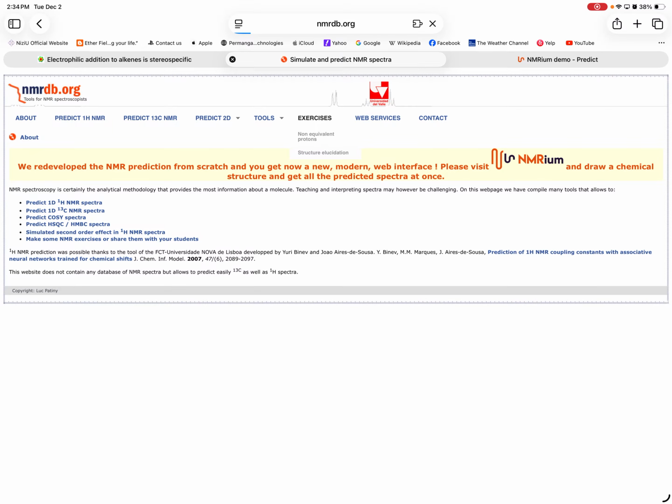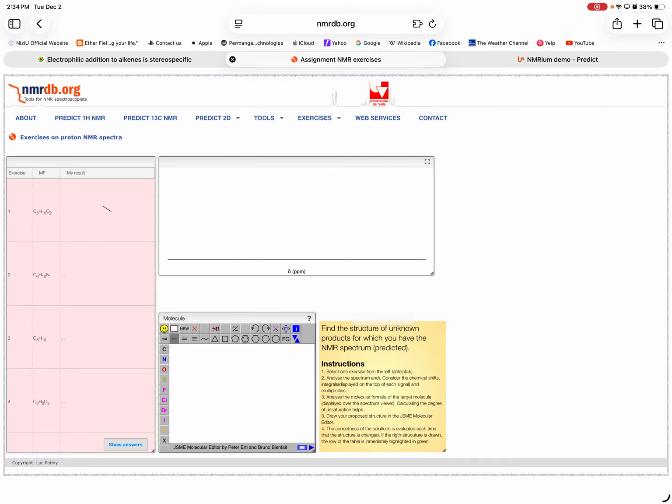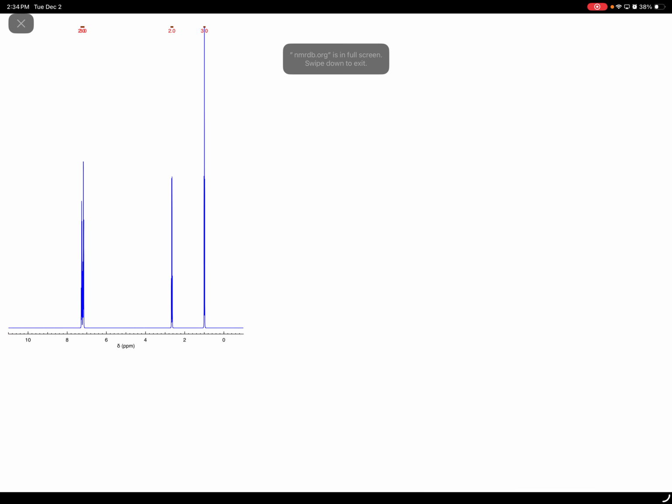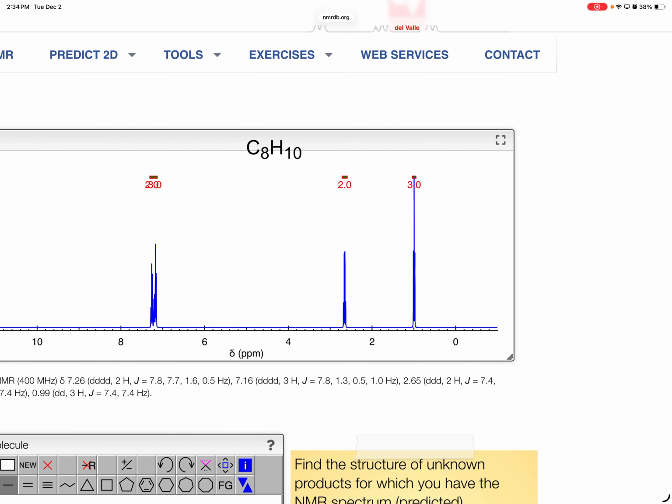Okay, so exercises, structure elucidation. All right, which example did I pull up? I don't want to give you the structure. C8H10. All right, can you guys see that? I guess not too well. Let's just exit. All right, C8H10.